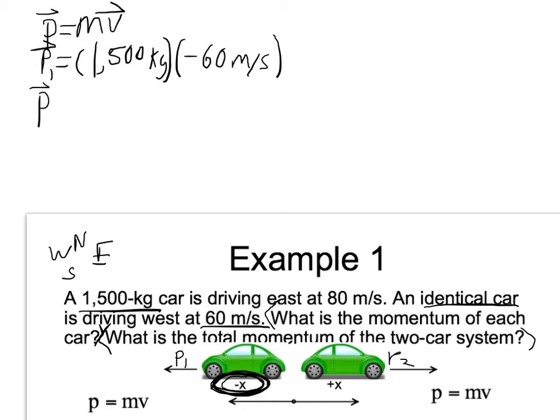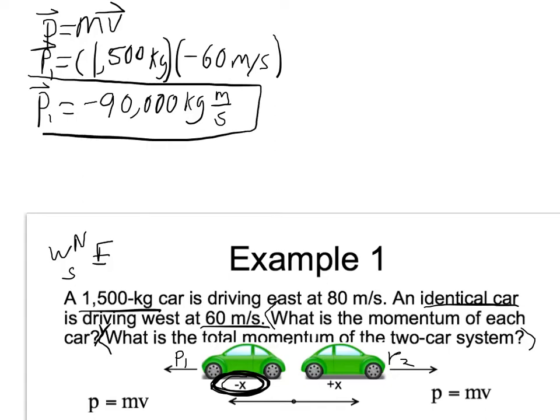So the momentum of car 1, remember that harpoon on top just means it's a vector. And the vector is mattering in this example, which is why I'm keeping it there to remind us all it's a vector. And we get negative 90,000 kilogram meters per second. So that's the momentum of car 1.